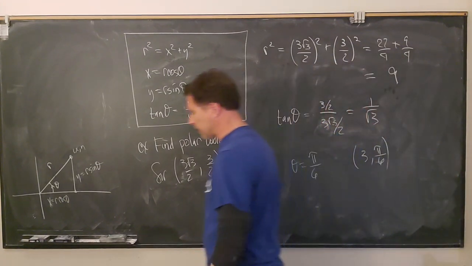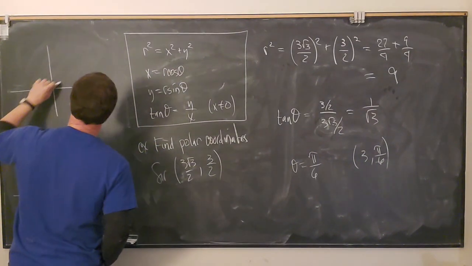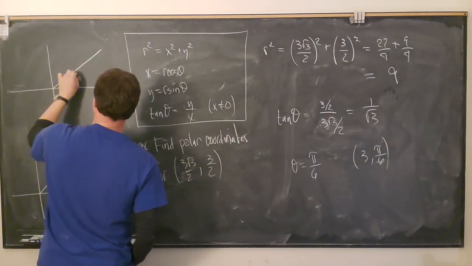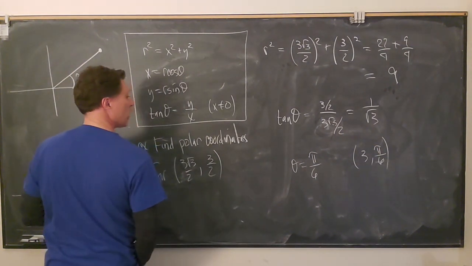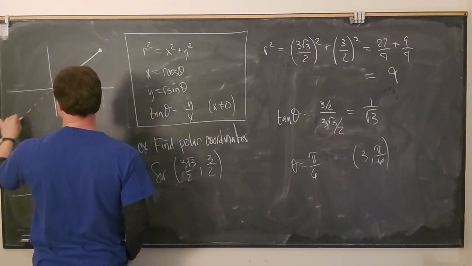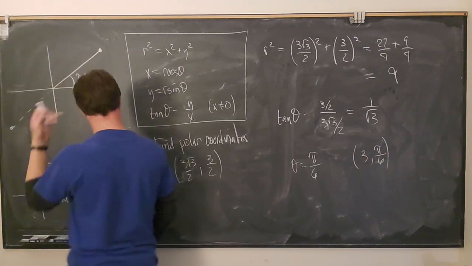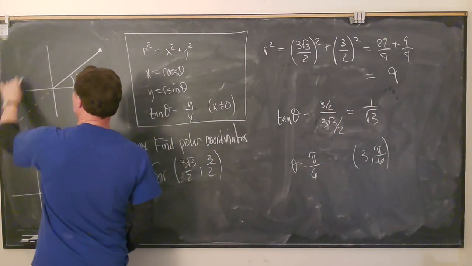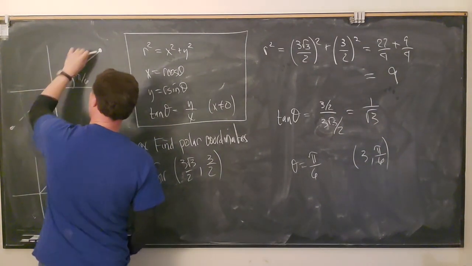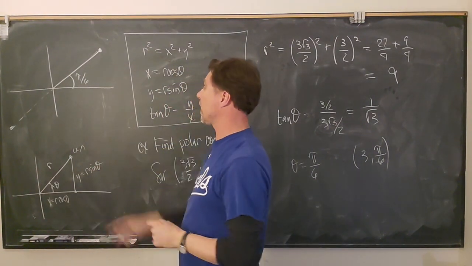That's not the only correct answer. Let me give you one more. Let's just draw the picture here. We've got an angle of pi over 6. Here's our xy point. Now, another way to describe this, since we can have a negative radius, I could have an angle of 7 pi over 6, and remember a negative radius tells us to point in the opposite direction.